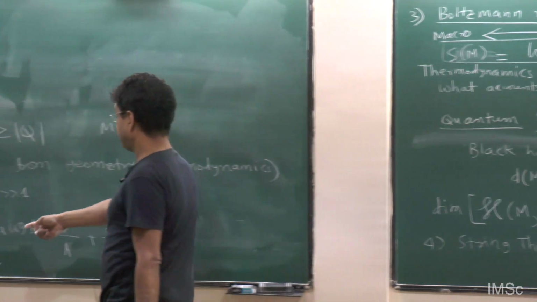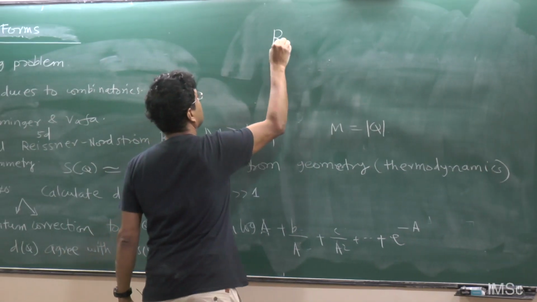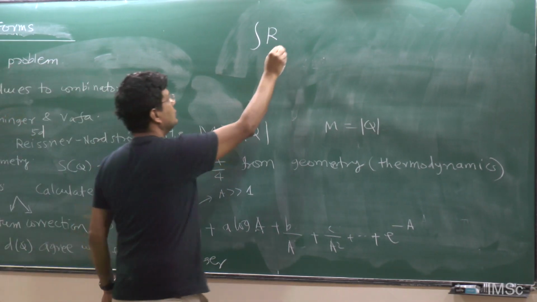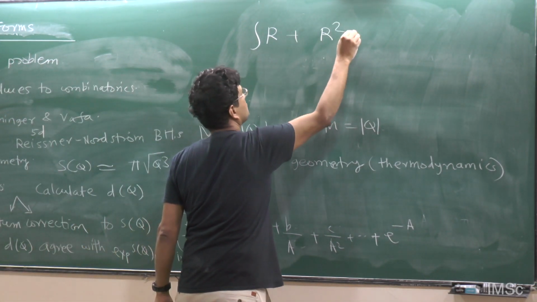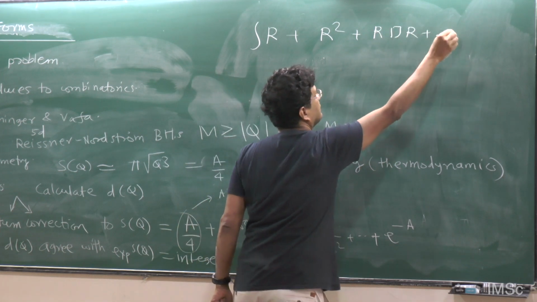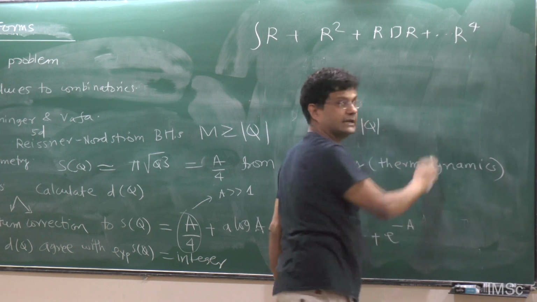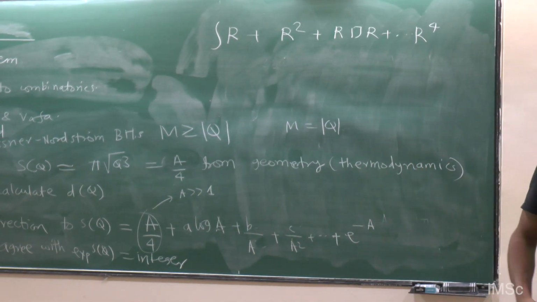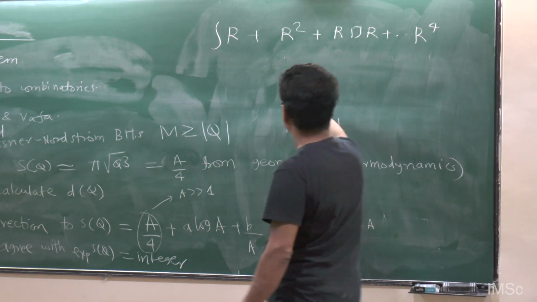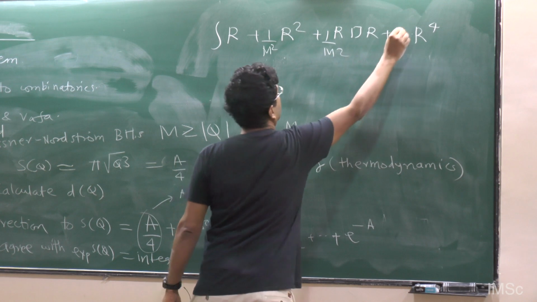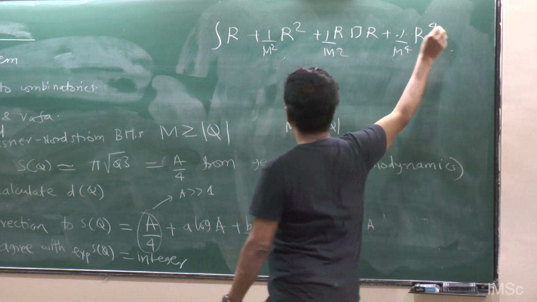I mean, to put your question slightly differently, we considered the leading Einstein-Hilbert action, but you can have all kinds of corrections which go as R square, R box R, R to the 4, right? In string theory, or in general, just from the Wilsonian point of view of renormalization group, you expect that there will be all kinds of cutoff suppressed terms.